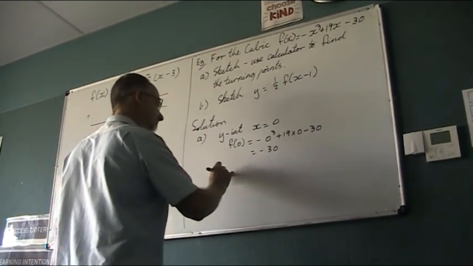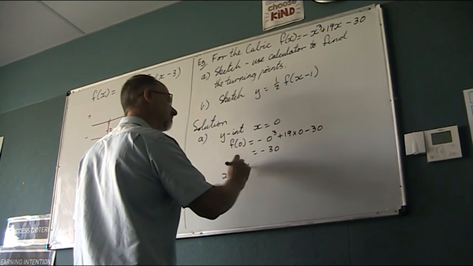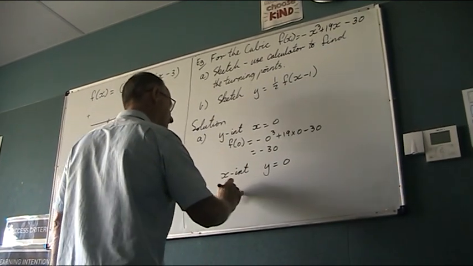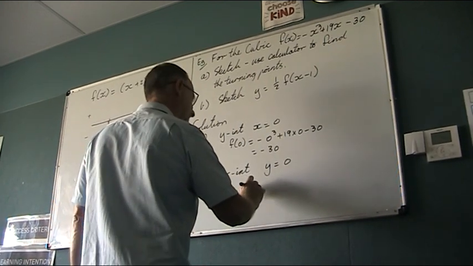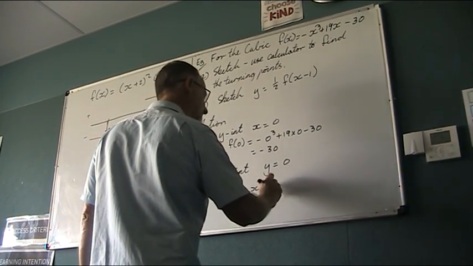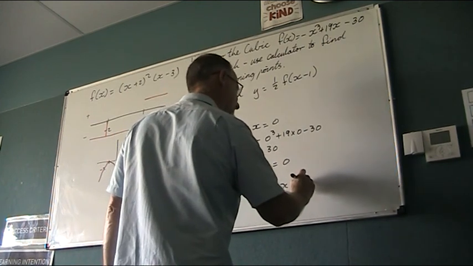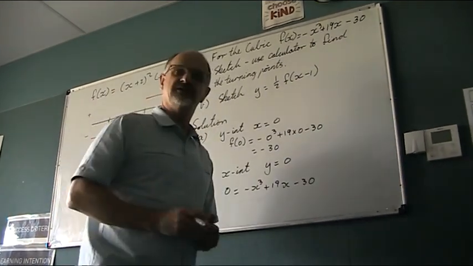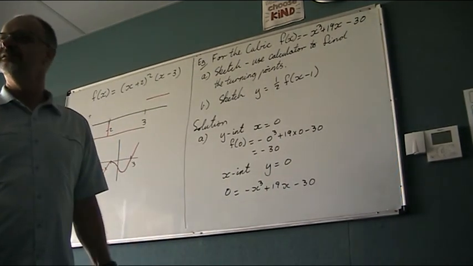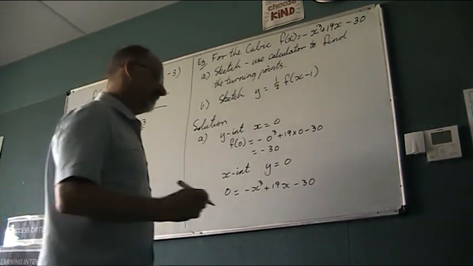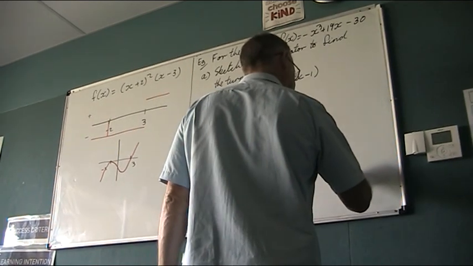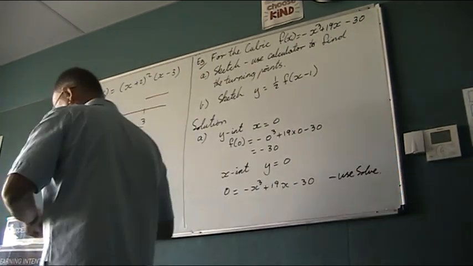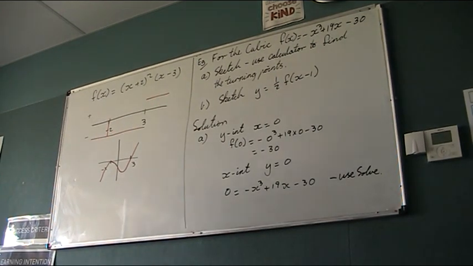X-intercepts. Y equals 0. So you've got 0 equals negative x cubed plus 19x minus 30. And you would use what function on your calculator? Solve, yep.